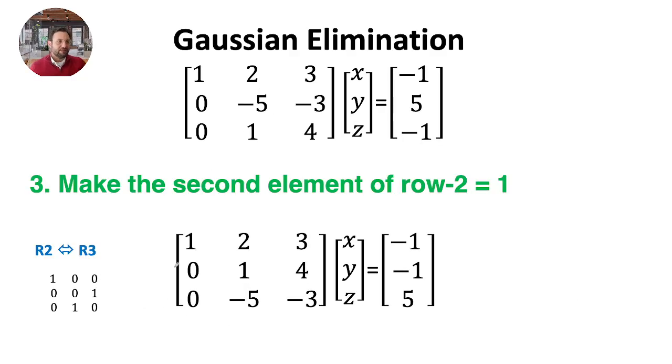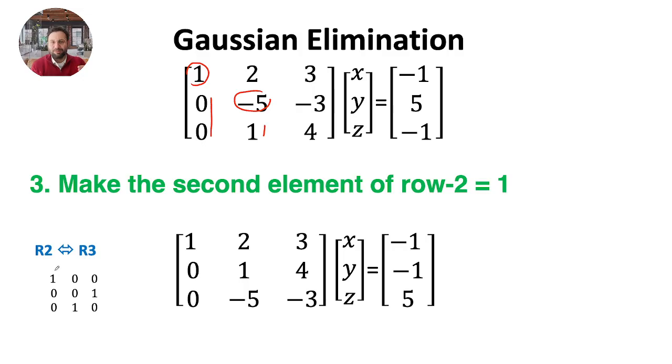The next thing, now I used this guy to get rid of these guys. Remember what I'm doing, I'm making the A matrix as close as possible to the identity matrix. Now I'm going to use this guy to make this one 1. So how I'm going to make the second element of row 2 equal to 1, I'm going to swap the third and second row.